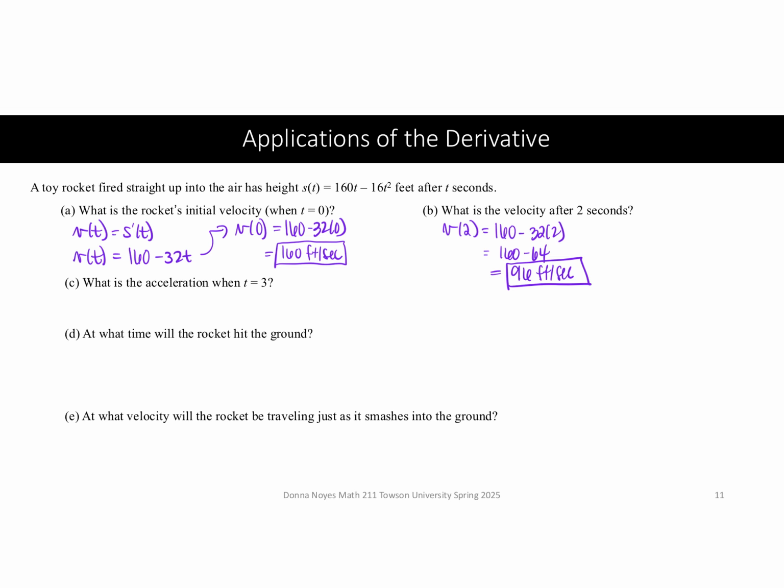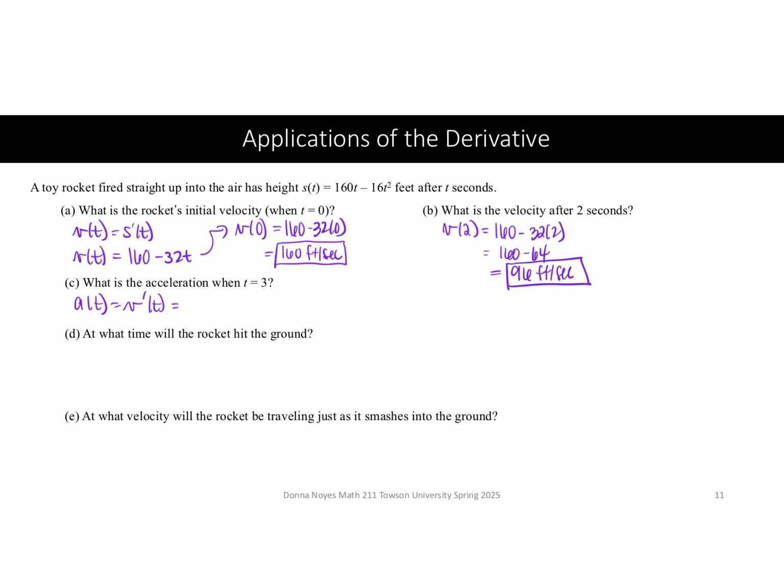Could we now find the acceleration? Well, remember, acceleration was the derivative of velocity. So a of t is going to be the derivative v prime of t. So what is the derivative of 160 minus 32t?